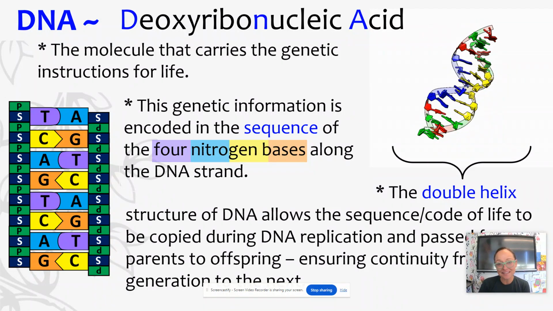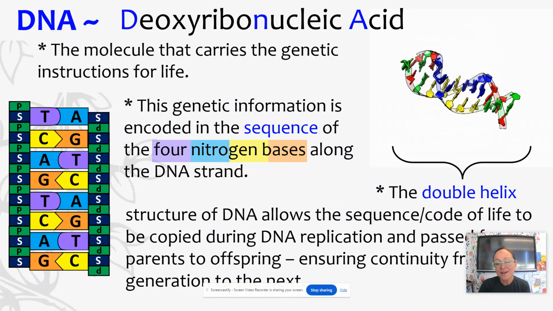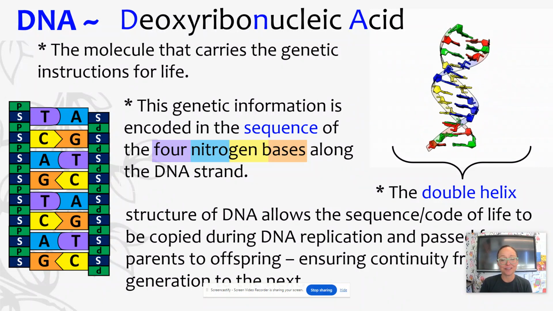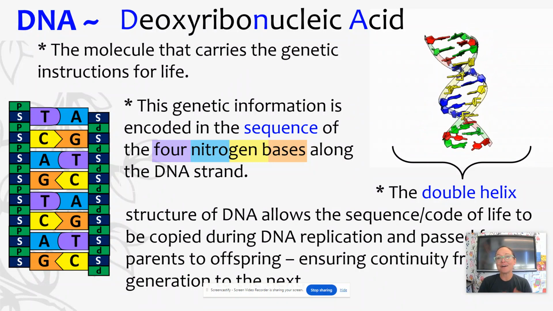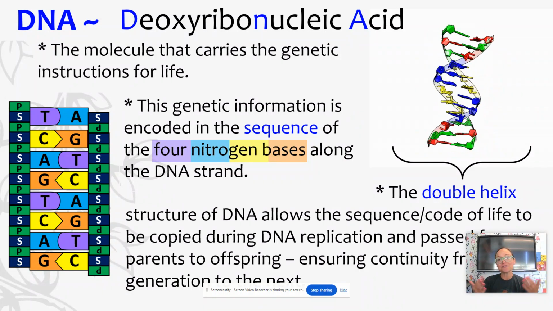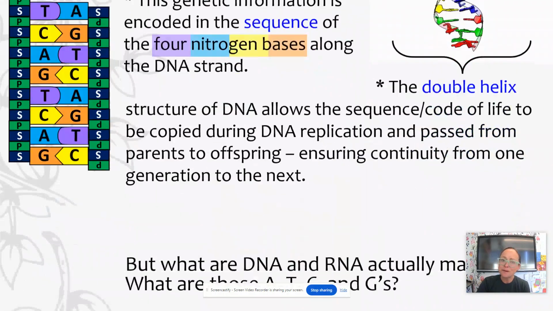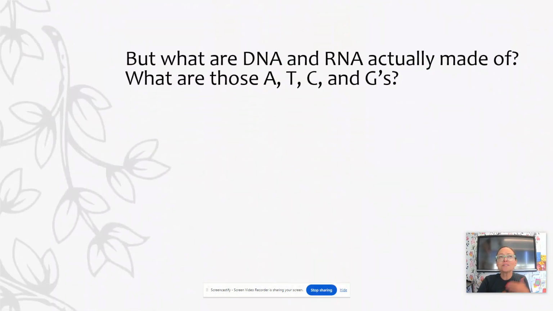This double helix structure is actually very helpful when it comes to DNA replication. It makes it easy to have identical copies of DNA passed from parents to offspring. But now my next question is, when we talk about these A, T, C's, and G's and how they're important for passing genetic information from parents to offspring, what are they, right?